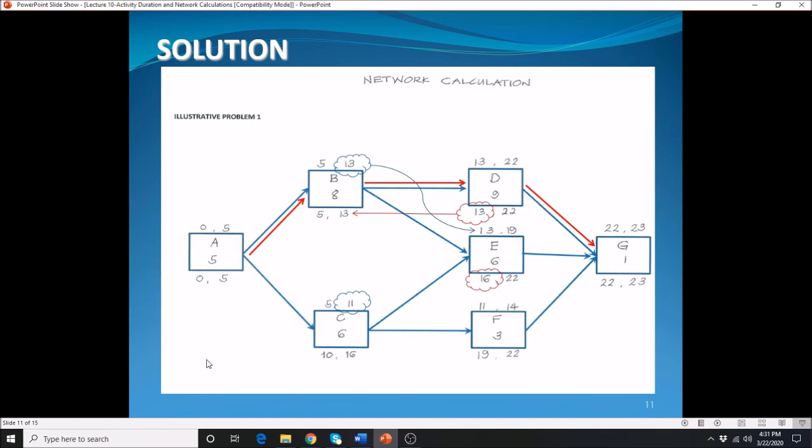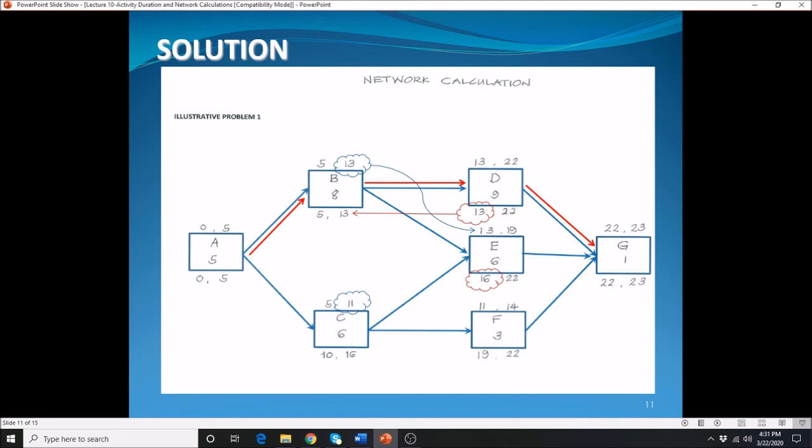Alright, so there are several rules here when you do your network calculation. The first one, as you perform the forward calculation, for you to determine the early start of a given activity, you need to consider the maximum. As you perform the backward calculation, you are going to consider whichever is the minimum, okay?